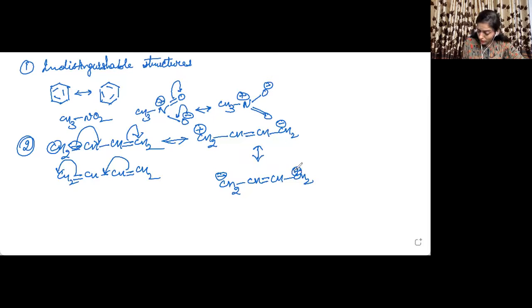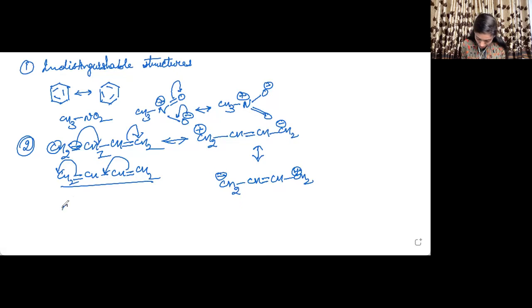Okay. Now, if you count the number of covalent bonds, what is a covalent bond? A bond formed by sharing of electrons. So the number of covalent bonds in structure number 1. This carbon is forming 4 covalent bonds. Sigma and pi bonds are both covalent bonds because both are formed by sharing of electrons.